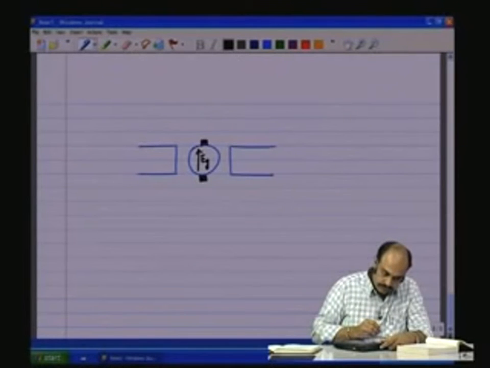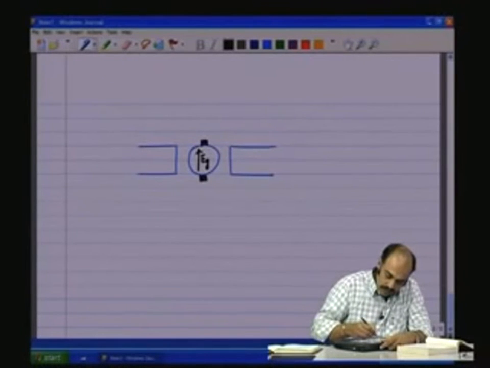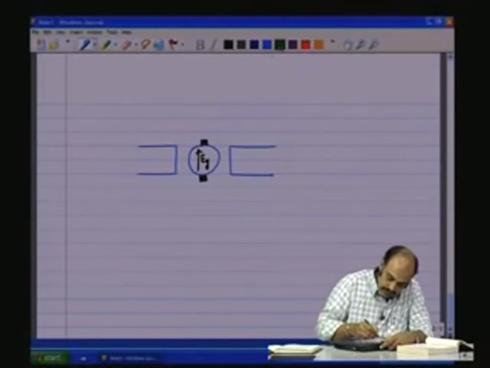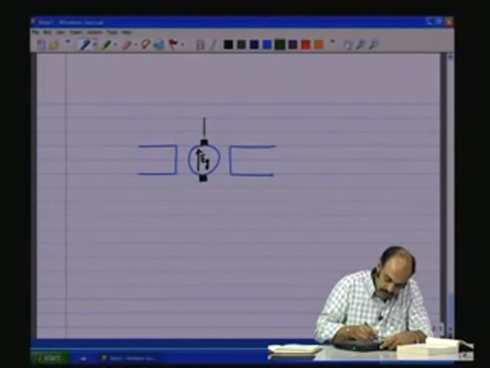Now from this brush we are taking, because there is internally RA, from this brush let us have first the shunt field winding.